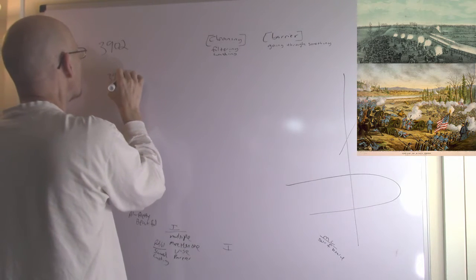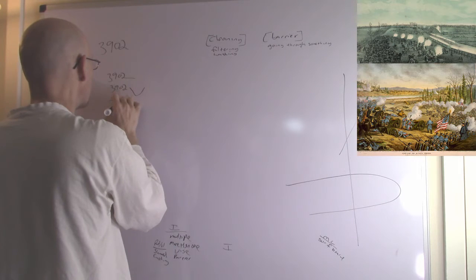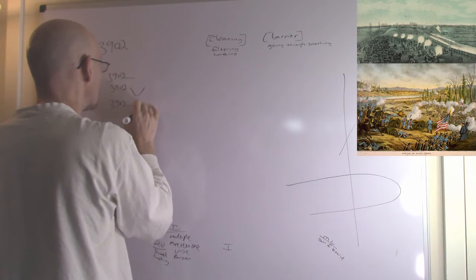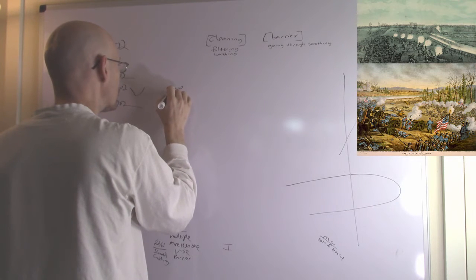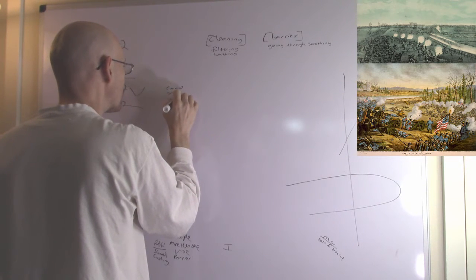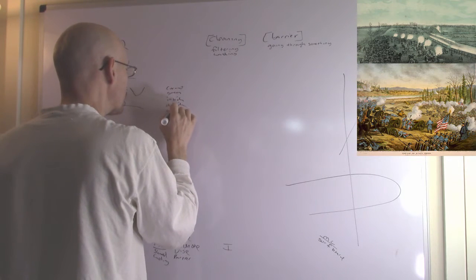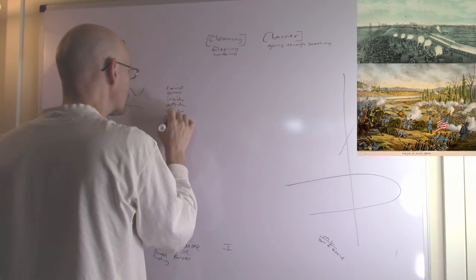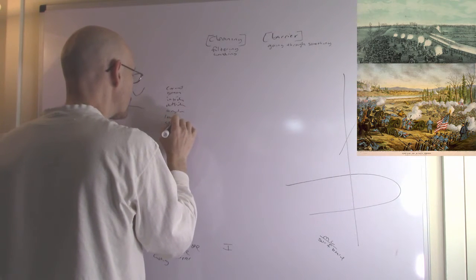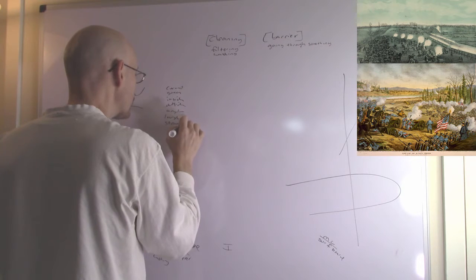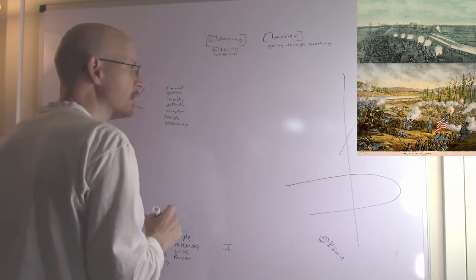3902. Curved. Green. Inside, outside, angular, large, steamy, steaming, steaming.